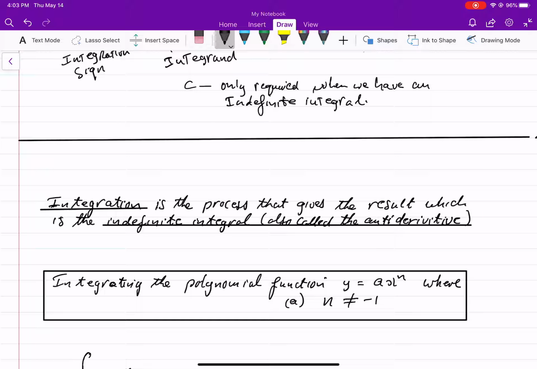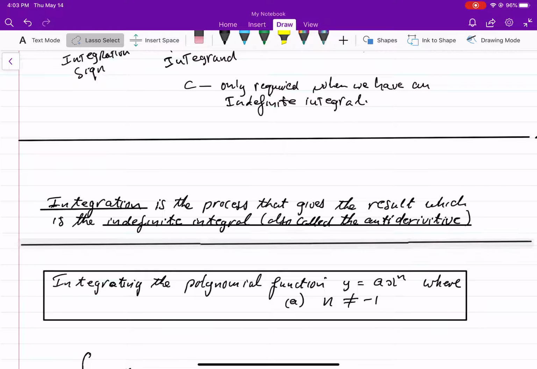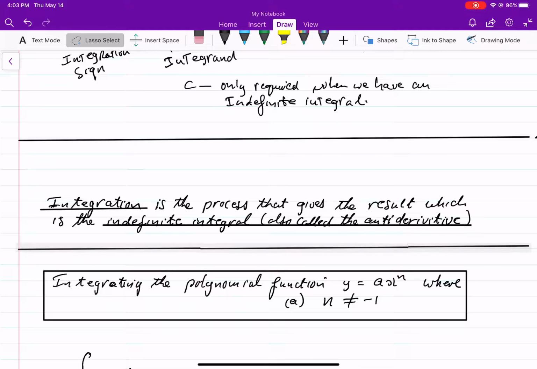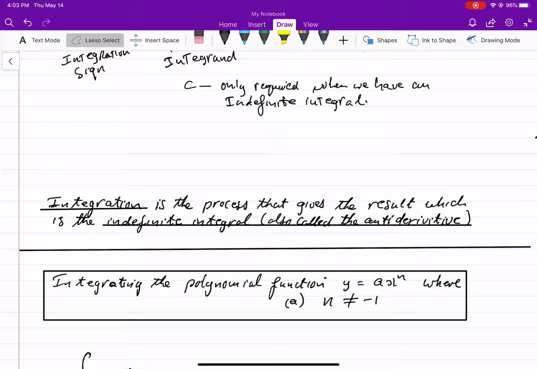All right, integration is the process that gives a result, which is the indefinite integral, and that's another name that you use for it, by the way, an antiderivative.